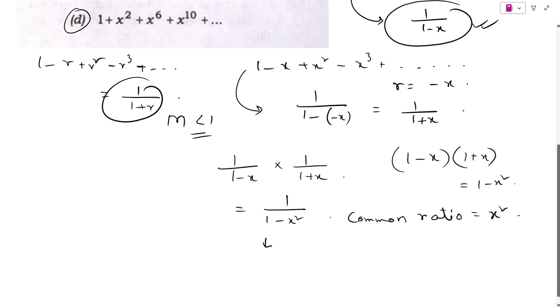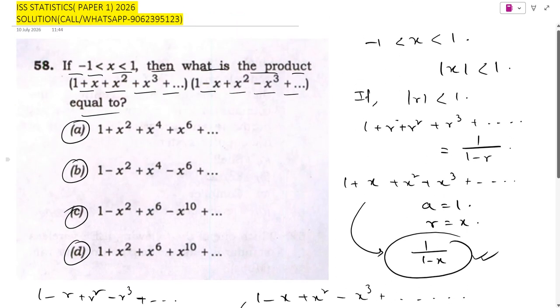So therefore, this is basically 1 plus x square plus x to the power 4 plus x to the power 6 and this goes on. So come to the options now. Yes, option A. So option A is the right answer for this question.